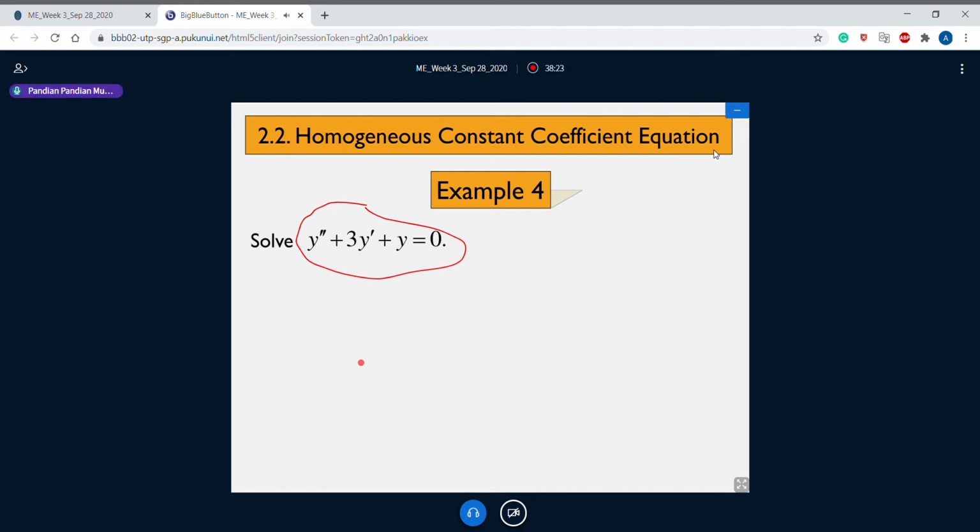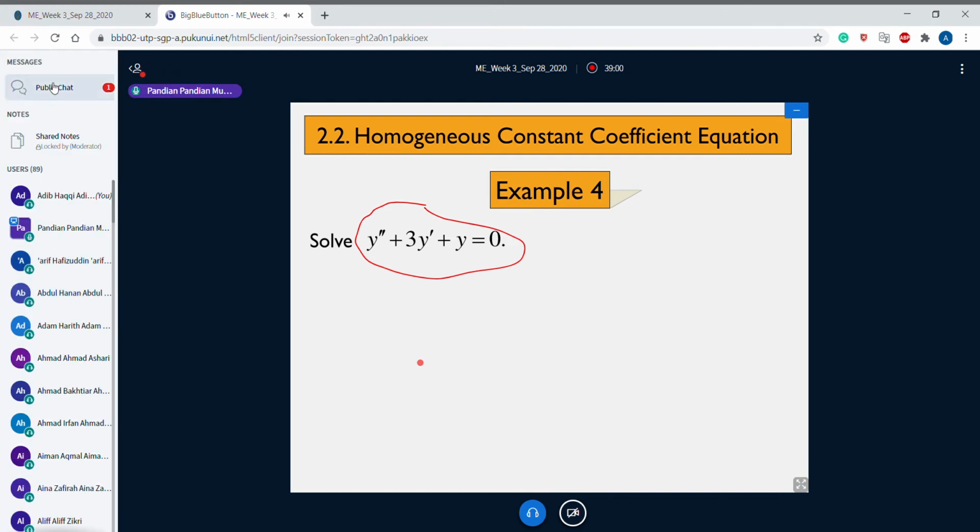It is very difficult to factorize, so we have to use what we call the quadratic formula, minus b plus minus root b squared minus 4ac, divided by 2a. So if you check b squared minus 4ac, b squared is 3 squared, 9, minus 4 multiplied by 1 times 1, so you get 4. So 9 minus 4, 5.